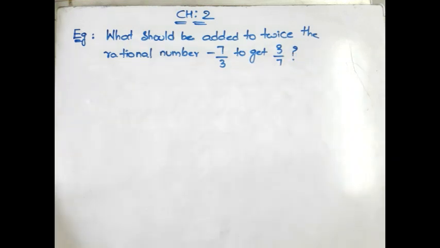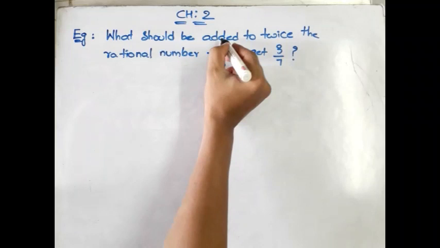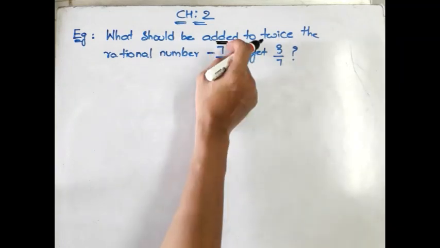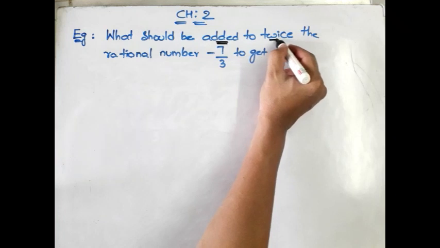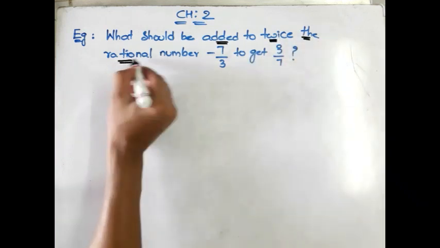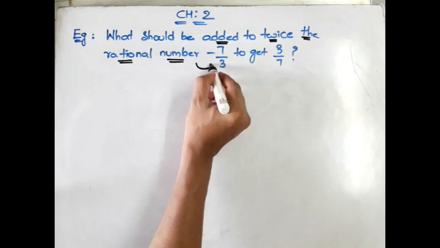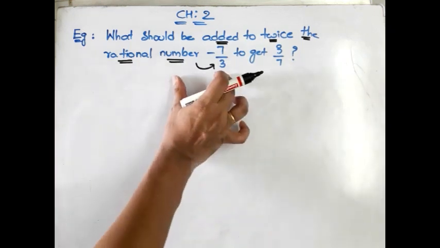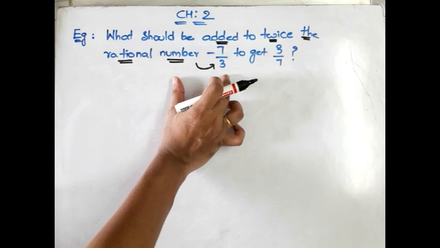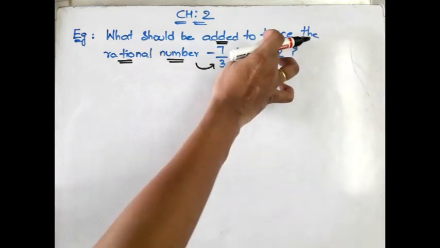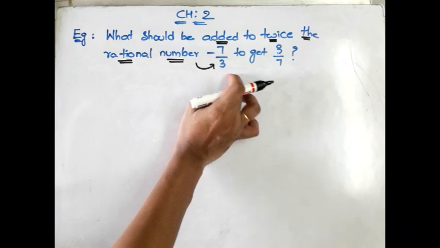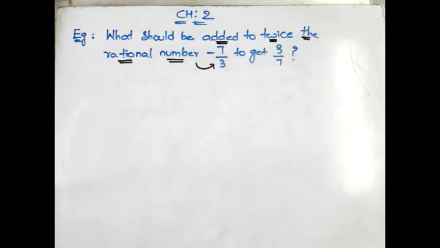Okay, what should be added to twice the rational number minus 7 by 3 to get 3 by 7? Look, understanding the question is quite important for this type of problems. So what should be added, what we have to add? Twice the rational number minus 7 by 3. That means here they gave a rational number minus 7 by 3. If we double it, because twice means double, isn't it? And to it, what we have to add to get 3 by 7.